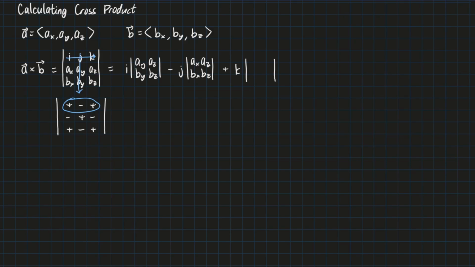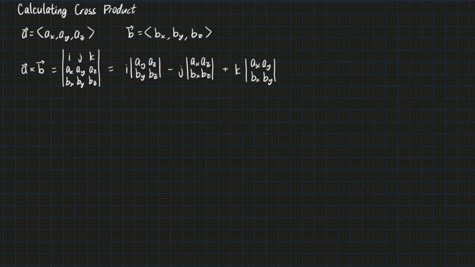After we finish the j column, we go to the k column, and we put in AX, AY, BX, and BY. Okay, so to calculate a 2 by 2 determinant, we take this diagonal, multiply these, and subtract the product of the other diagonal.